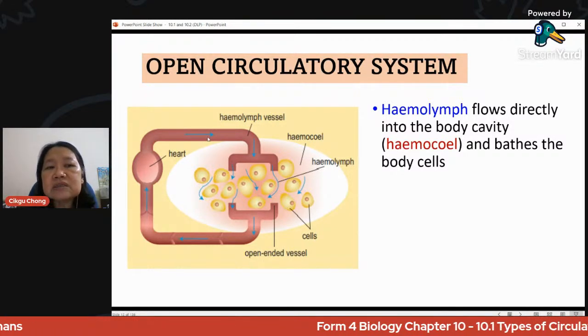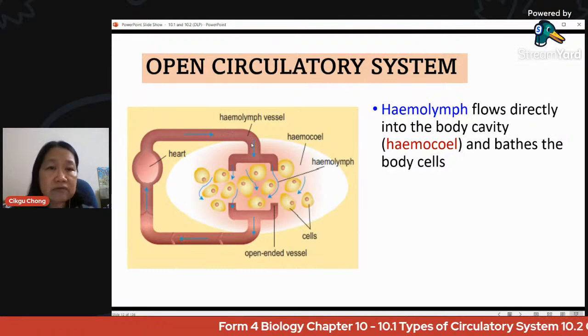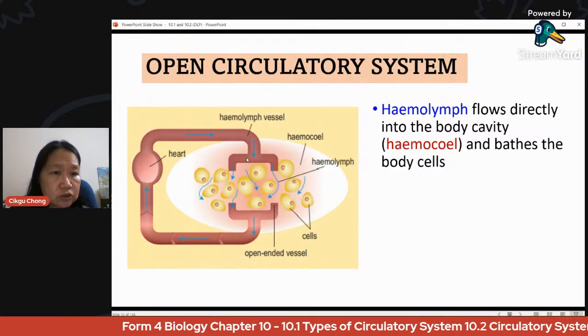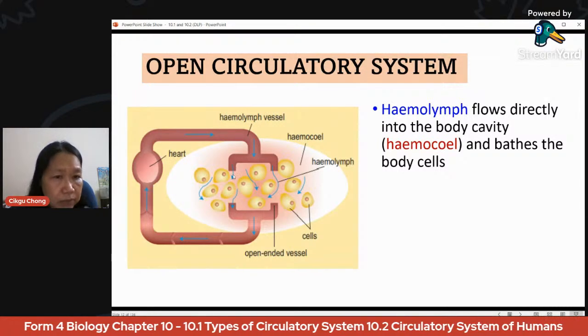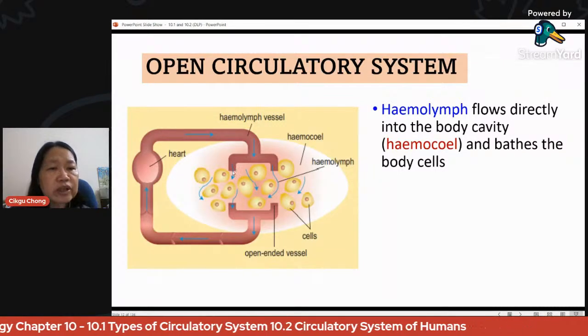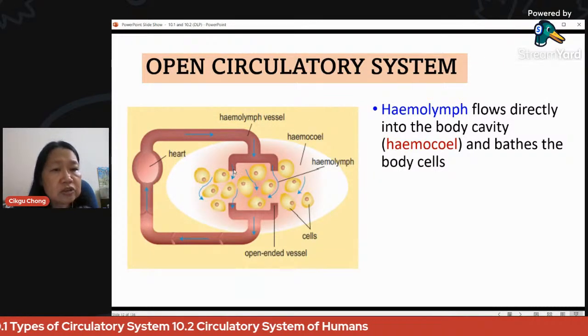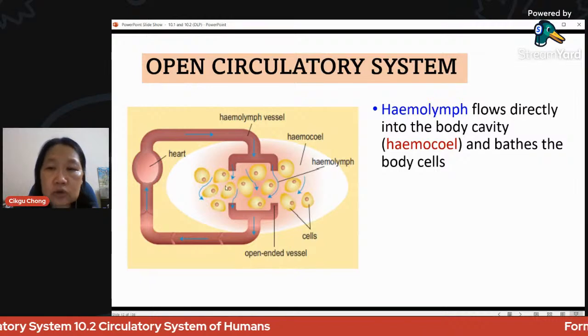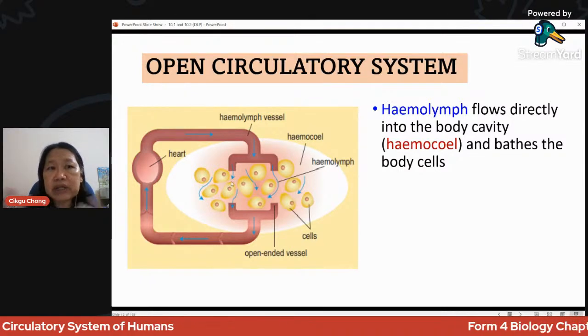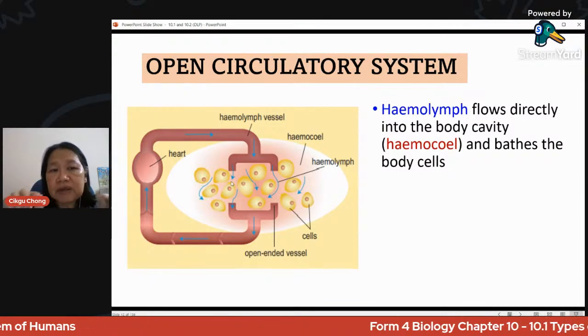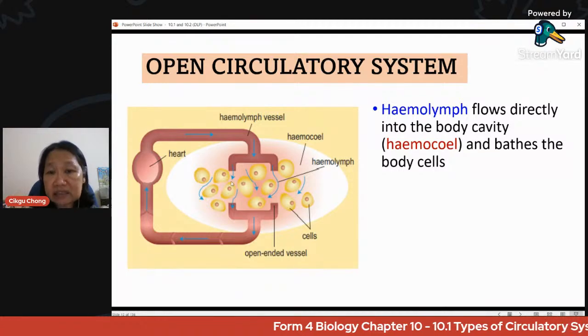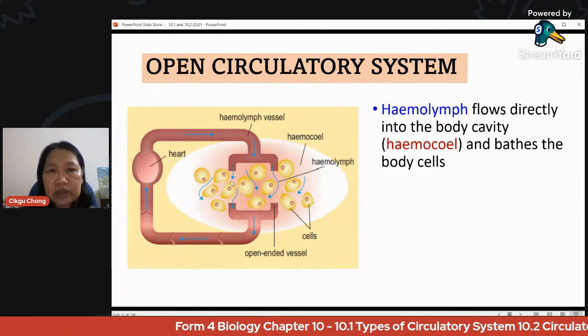All right, so this hemolymph or that fluid flows into the tubes, and then there'll be one point where this fluid flows out of the tubes and actually comes into contact with the body cells. So they're quite open. You can see the blood vessel sort of ends there, and the fluid comes out.